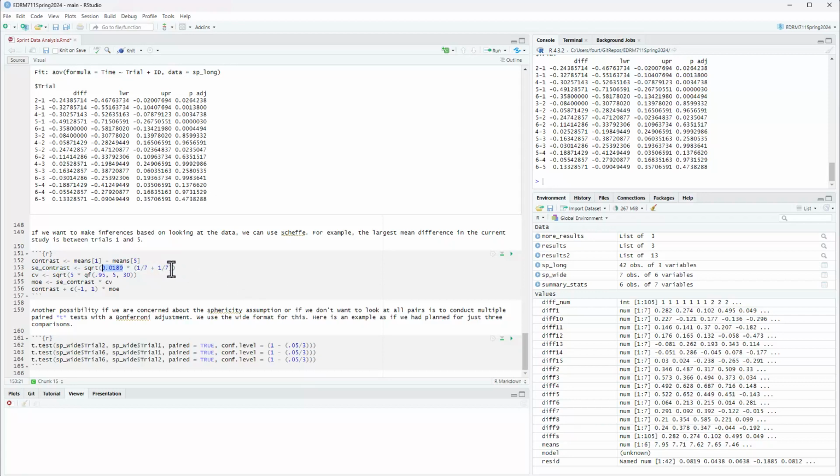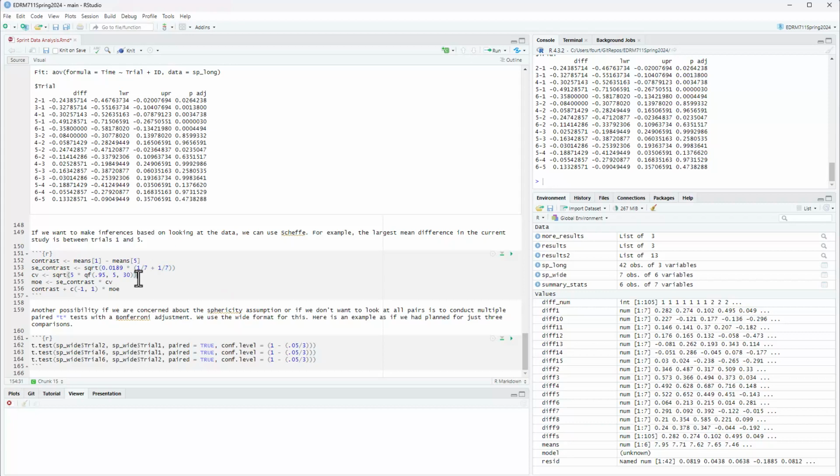And then I put in my weights squared over the number that goes into a mean. How many runners, those sprinters, how many were actually in each trial? It was 7. So I'm comparing the first trial with 7 sprinters to the second trial with 7 sprinters. That will give me the standard error of the contrast when I take the square root.